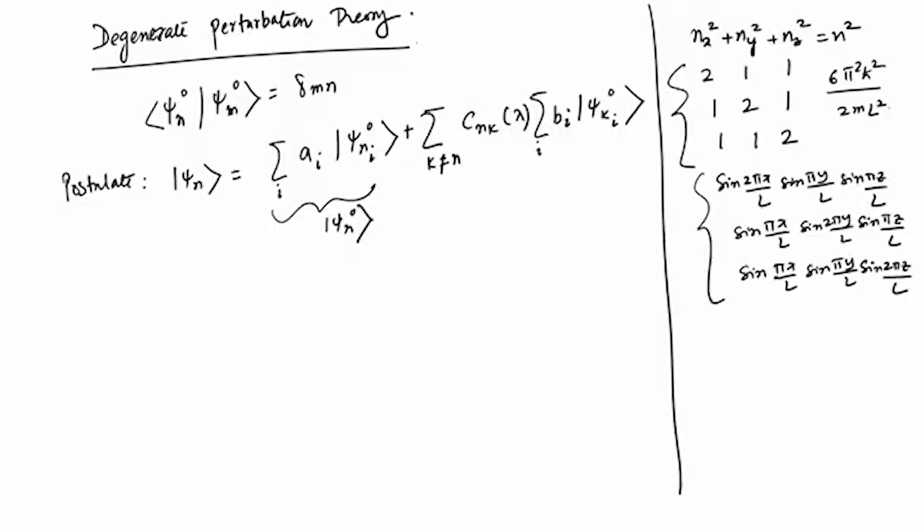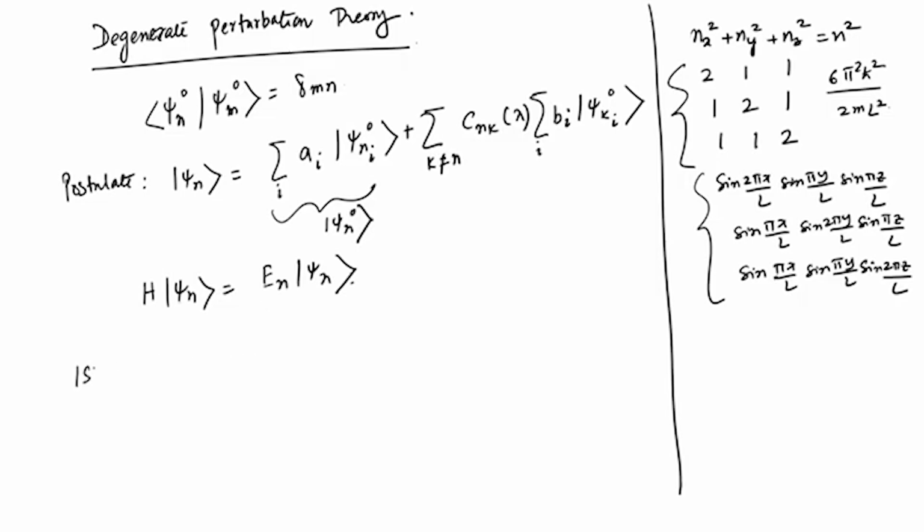Okay. So, A I s and B I s, as I said, are the coefficients that we need to determine, and of course, the c n k alpha as well. So, once again what we do is that we will put it into the equation, which is H psi n equal to E n psi n, and use this as the expansion, and E n is also expanded in terms of lambda.